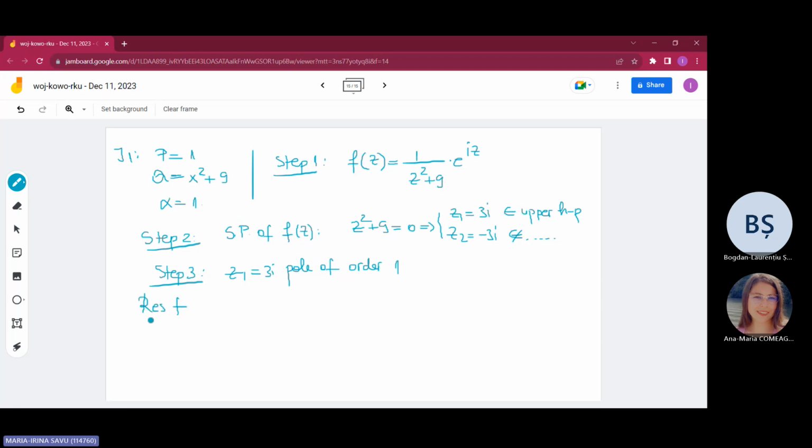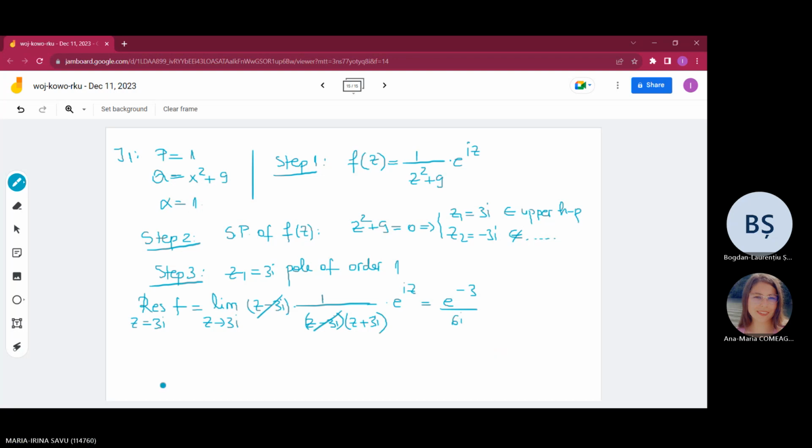and the residue of f in 3i will be the limit when z goes to 3i of z minus 3i times this one, which will be written as z minus 3i times z plus 3i over this one.